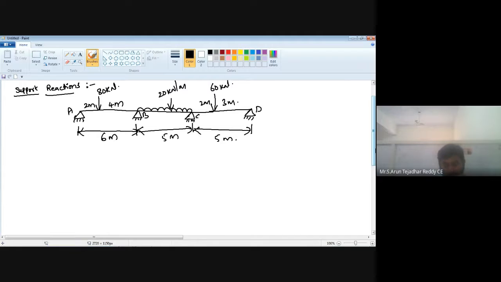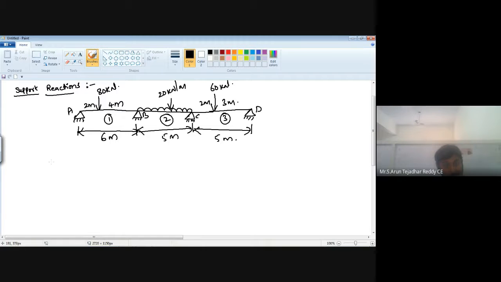Before going to calculate the support reactions, first of all, we need to separate the beams. It means A to B is the first beam, B to C is the second beam, C to D is the third beam. All the beams are taken separately. So first of all, I will draw the separate diagram of beam 1.